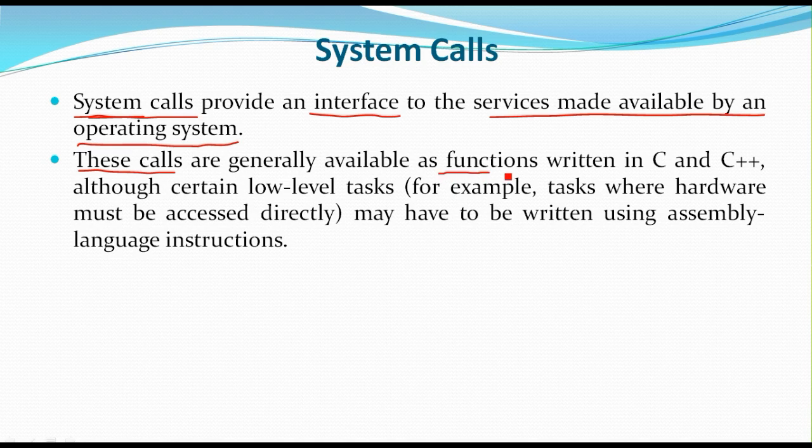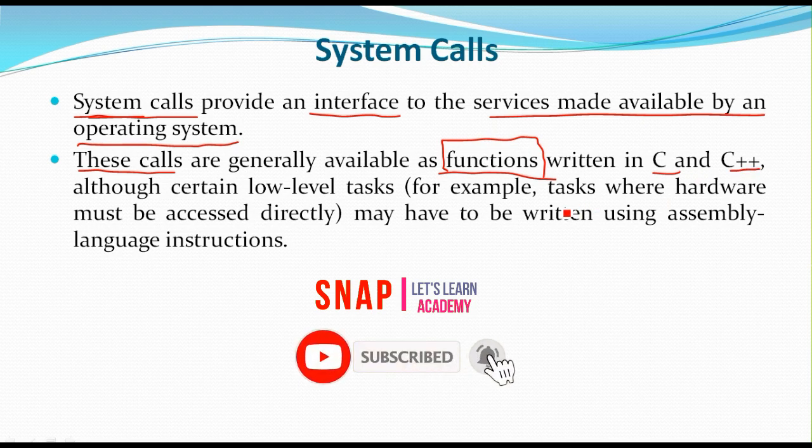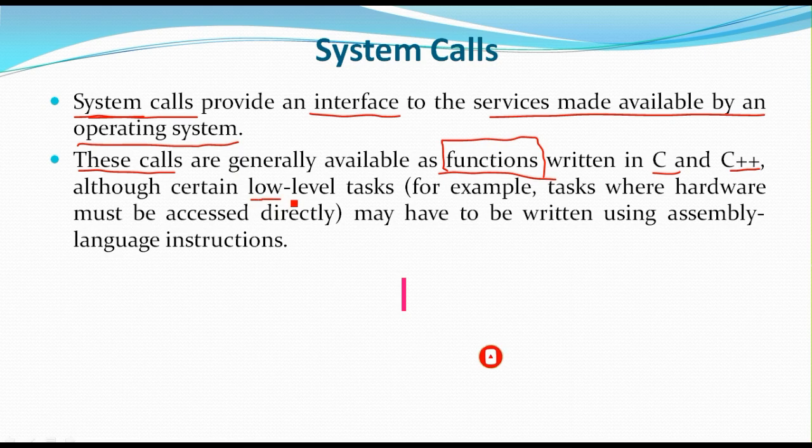These functions are either written in a high level language such as C or C++, although some low level tasks may have to be written using assembly language instructions. So some of the tasks are written in assembly language, and we may prefer a high level language such as C or C++ for writing the functions for the system calls.